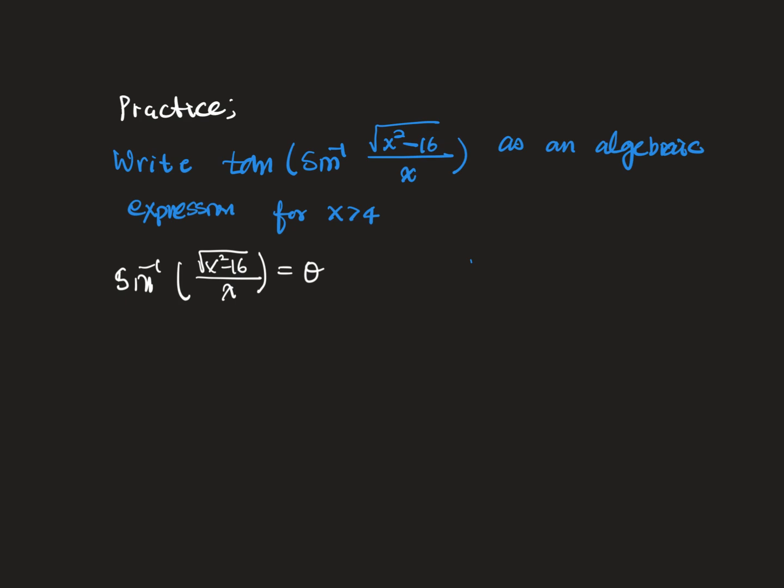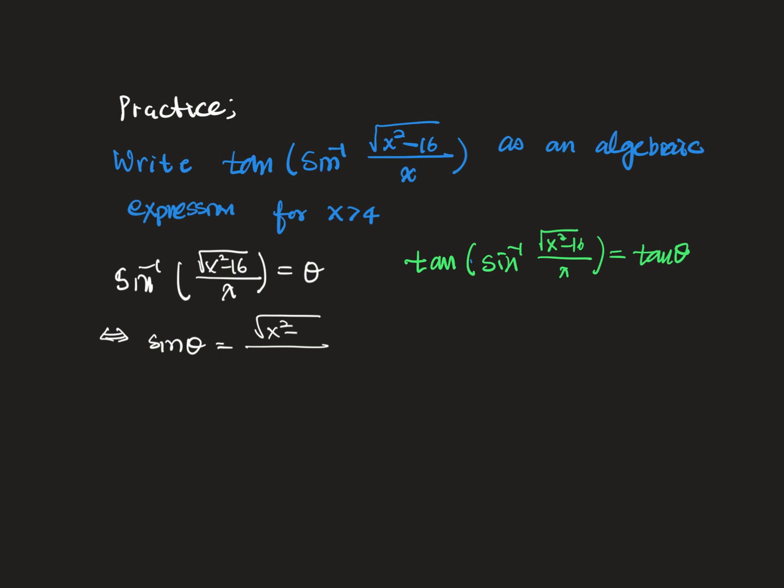Then you're going to see tangent of arcsine of that expression equals tangent theta. So based on this, we're going to find tangent theta. Arcsine means sine theta is square root of x squared minus 16 over x.